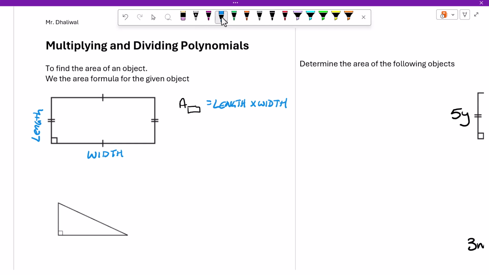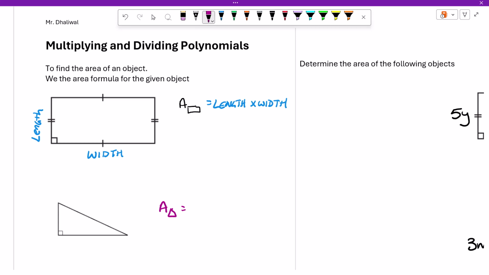Okay? Then we had the area of a triangle. You guys remember what that one was? That one's a little bit harder to remember. So a triangle is half of a rectangle. If you imagine this, just cut in half.